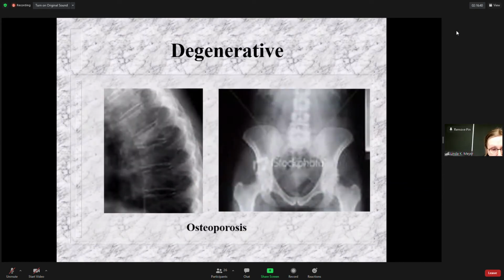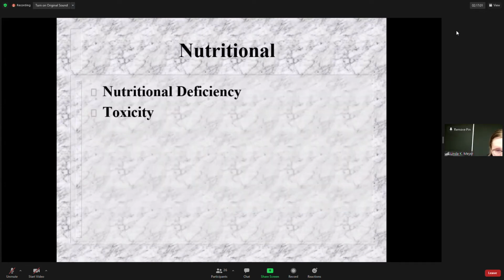Osteoporosis often affects the femur area, the lumbar region of the skeletal system, but it can also affect the jaws and play a role in tooth loss for some patients. So those are the oral examples.